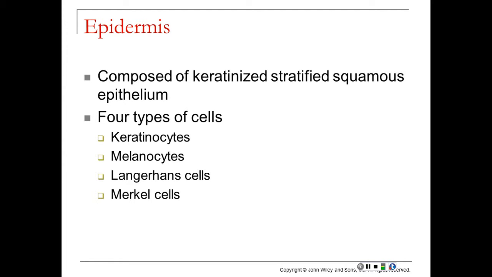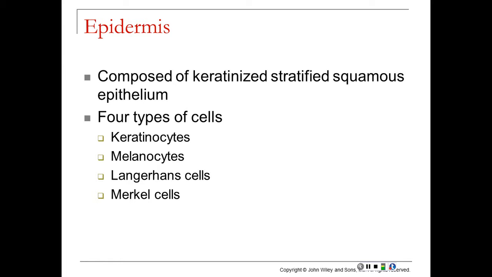If you think about the cells of your outer skin and compare that to the cells of the inner linings of your cheeks, the cells in the inner linings of your cheeks are very moist and fluffy. They secrete lots of mucus, whereas your skin is rather dry and rough compared to the insides of your cheeks. That's because of the keratin that is built up inside of those cells.